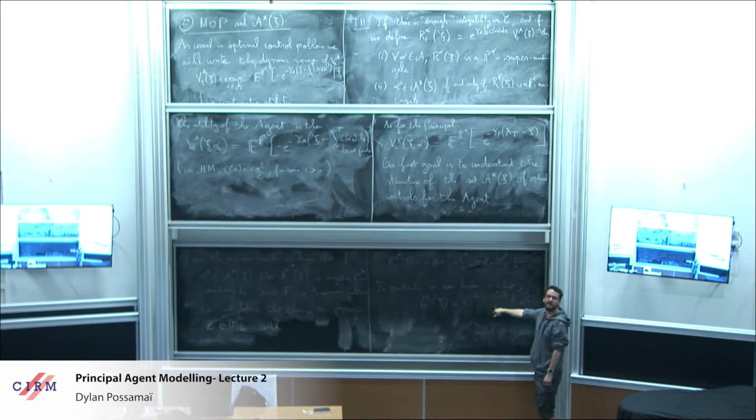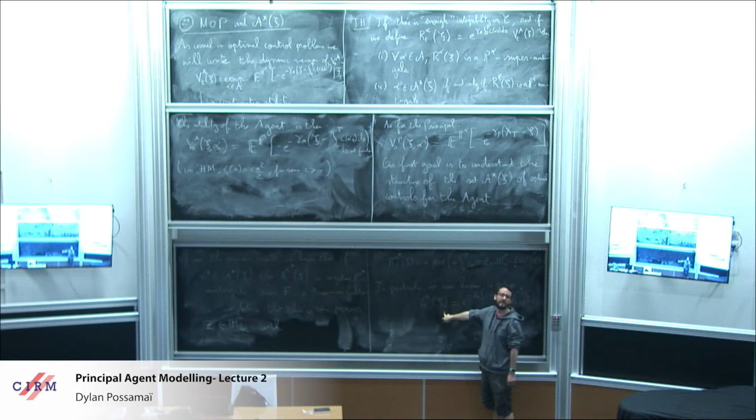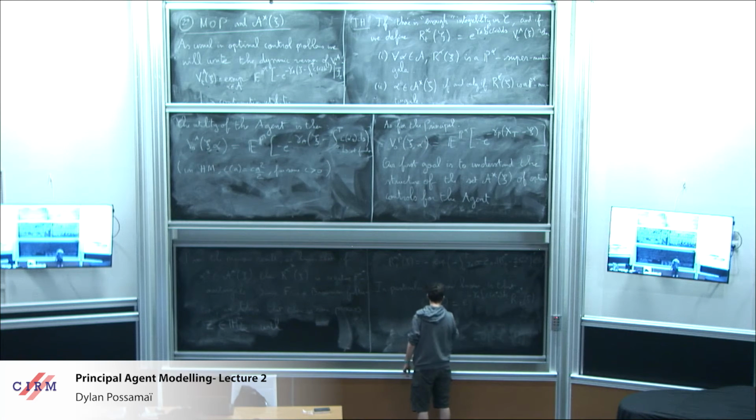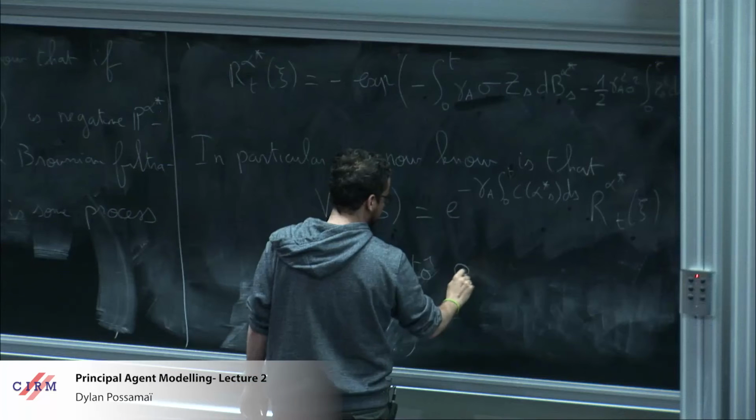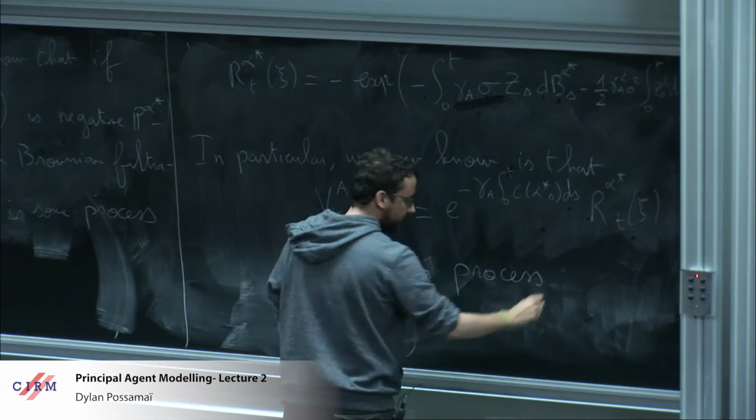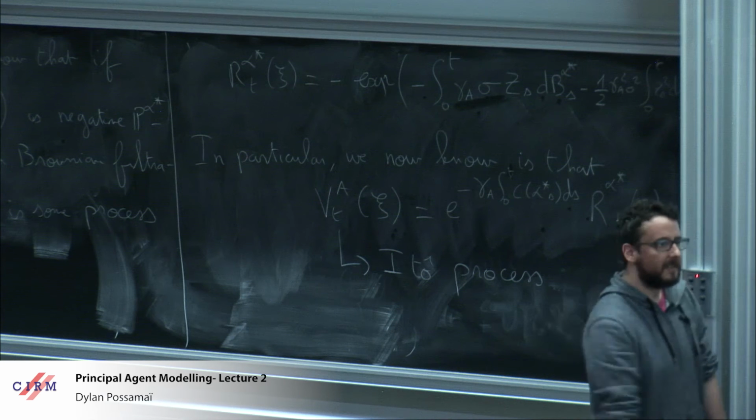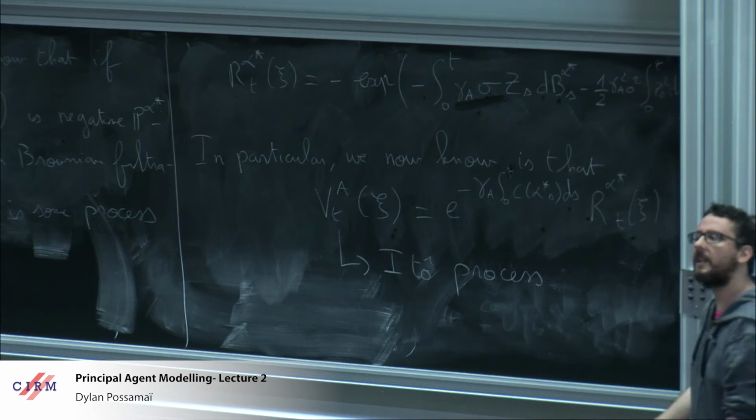This is a nice bounded variation process. This is a Martingale. I know that this guy is a semi-Martingale, and I actually know more than that. I know that this guy is an Ito process. And if it's an Ito process, I can write down the dynamics.